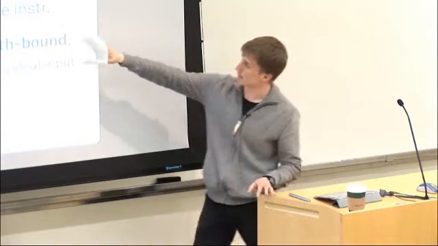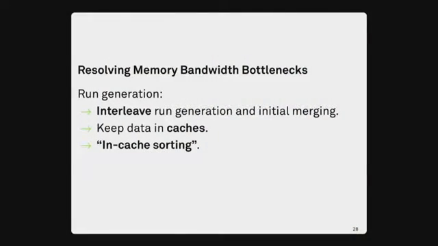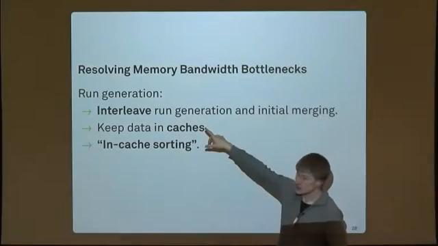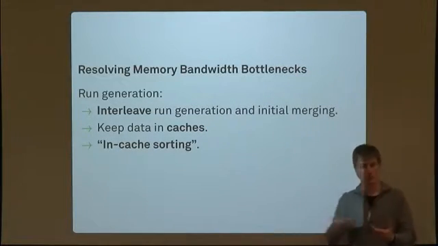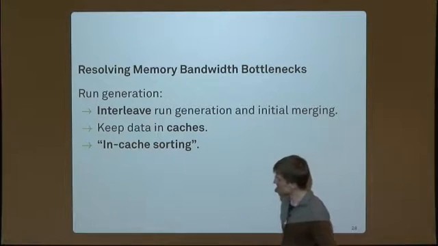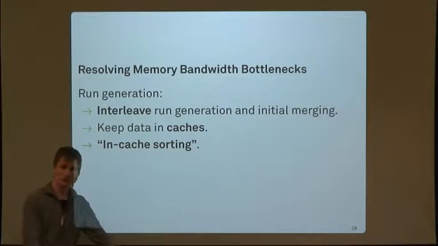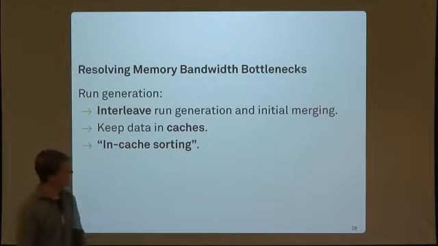So we end up with both phases actually being severely latency bound. Now, what can we do about that? Things are still easy for the run generation part. I said you need to write in and out these 64-byte chunks. In practice, that's not really a problem, because you have this merge tree, and you take entire subtrees from the bottom, do them in one go, and then you have no real memory traffic.